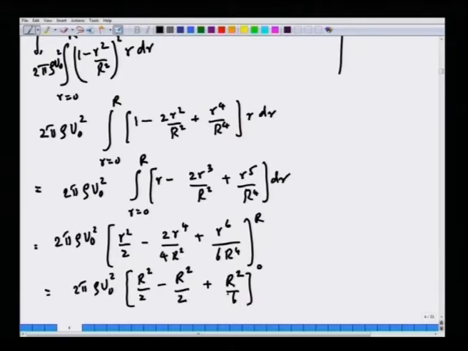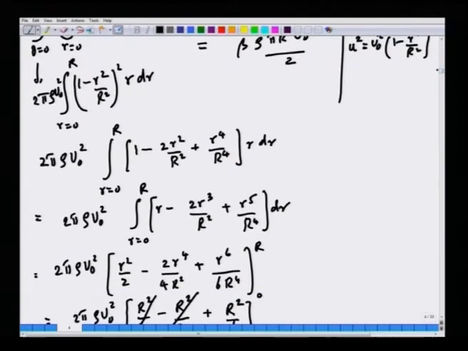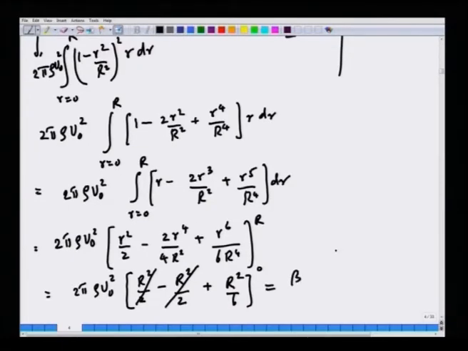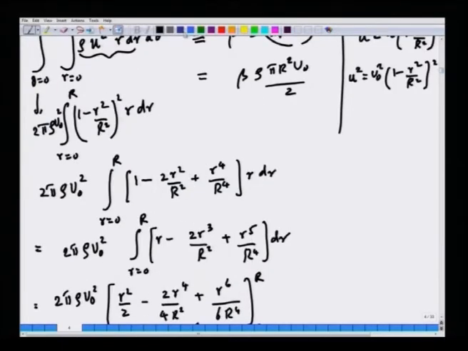So, the two R squared by 2 terms cancel out, and on the right side, this must equal beta times rho pi R squared u naught by 2.